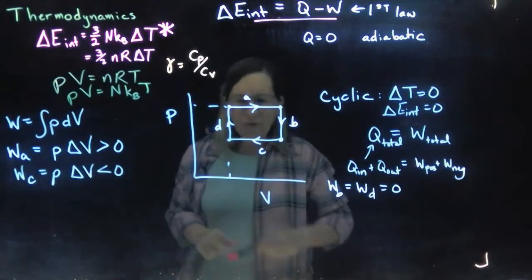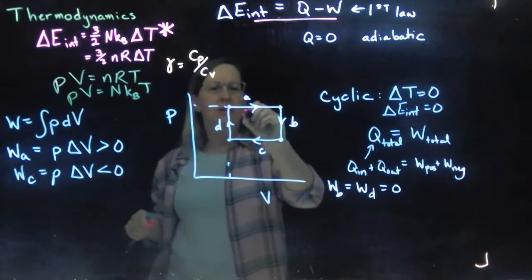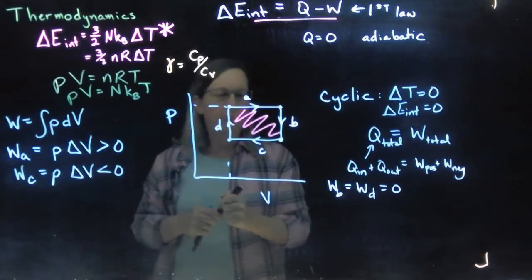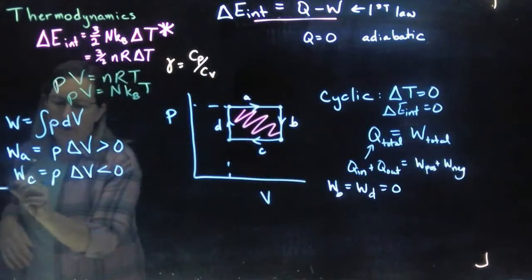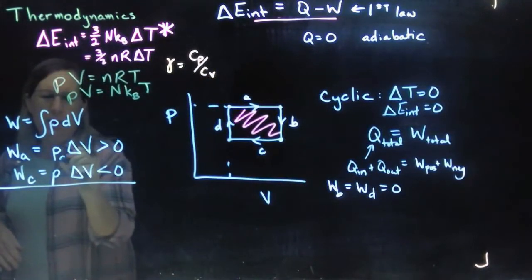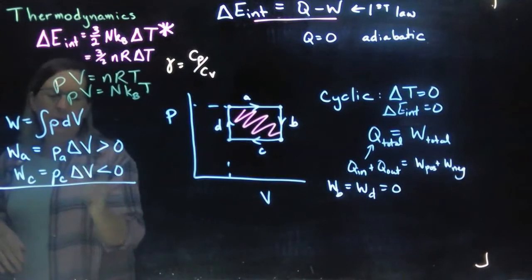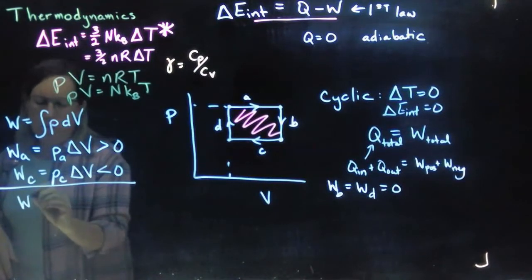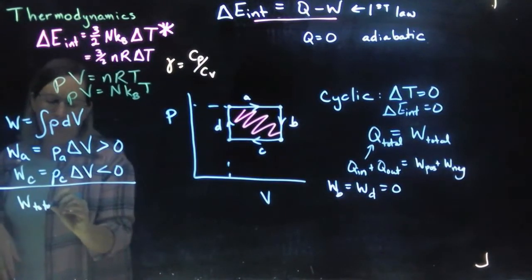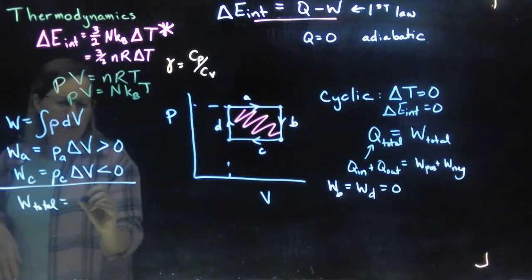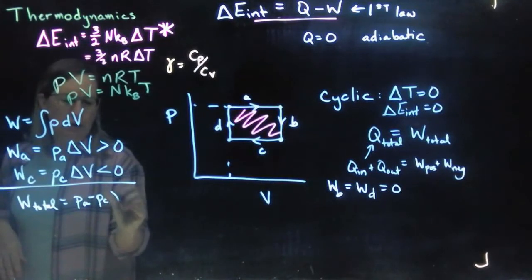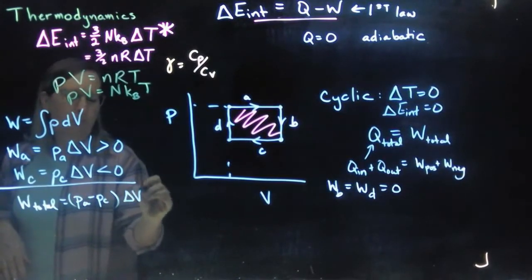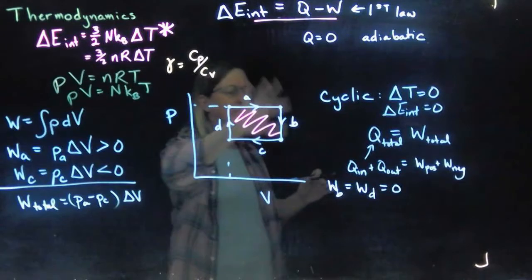And so what we're left with is the difference between A and C, this area in here, okay? So that's the work that's done. So when we add these up, pressure A, pressure C, we have the same delta V, then the work total is just going to be pressure A minus pressure C, that difference times this delta V. Okay, so that's our work that's done.